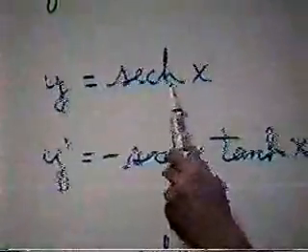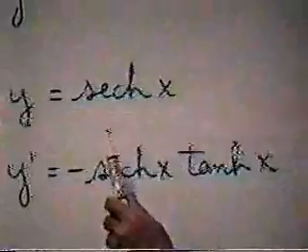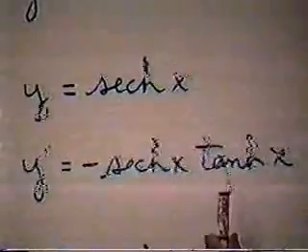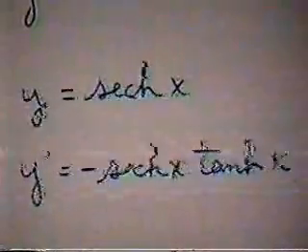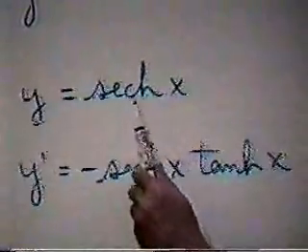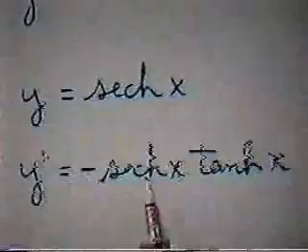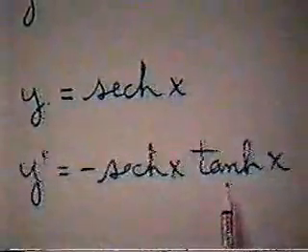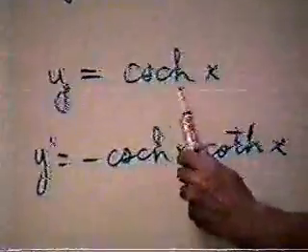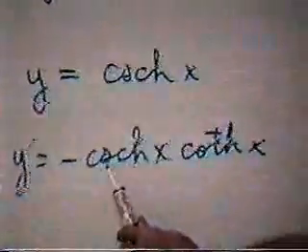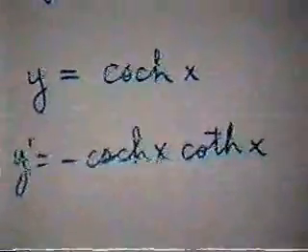The derivative of hyperbolic secant is secant tangent, just like trig. Whoops, wait a minute, minus sign. Derivative of hyperbolic secant is minus hyperbolic secant, hyperbolic tangent. All right, and the last one. Hyperbolic cosecant is minus hyperbolic cosecant, hyperbolic cotangent.